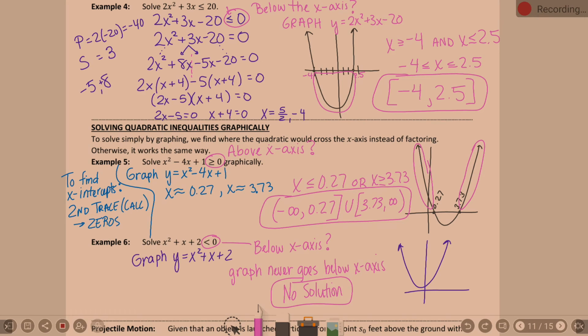I like the what if game though. What if this said greater than 0? If this had said greater than 0, it's all real numbers. So negative infinity to positive infinity because it's always positive.